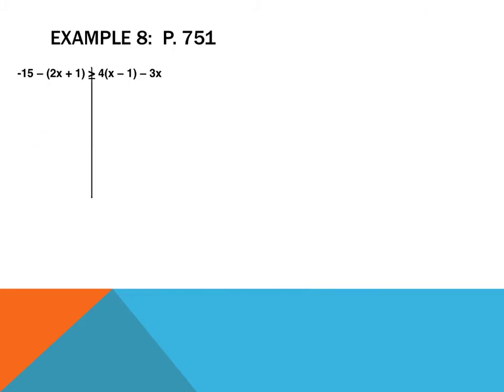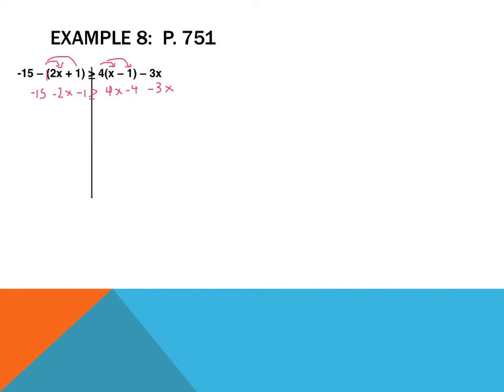Alright, so for example 8, remember a minus in front of the parentheses tells me I need to distribute a negative 1. So I have negative 15 minus 2x, negative 1 times 1 is minus 1. Distribute my 4 on the other side, so 4x minus 4, bring down my minus 3x.